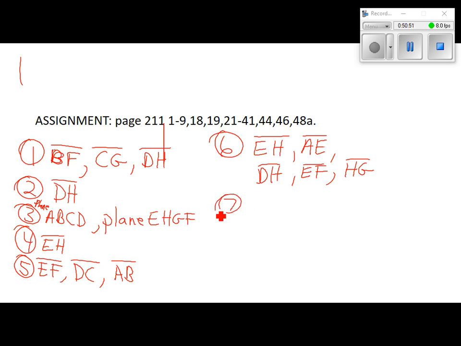Number 7. How could you characterize the relationship between faces ABCD and DCGH? So, Michael, what do you know about those 2 faces? They're perpendicular.